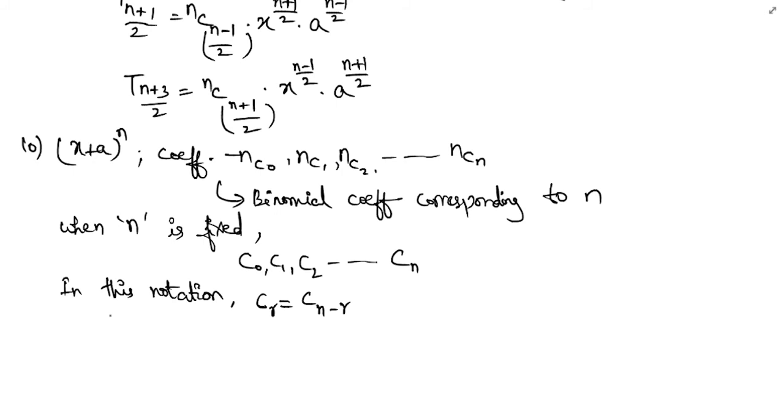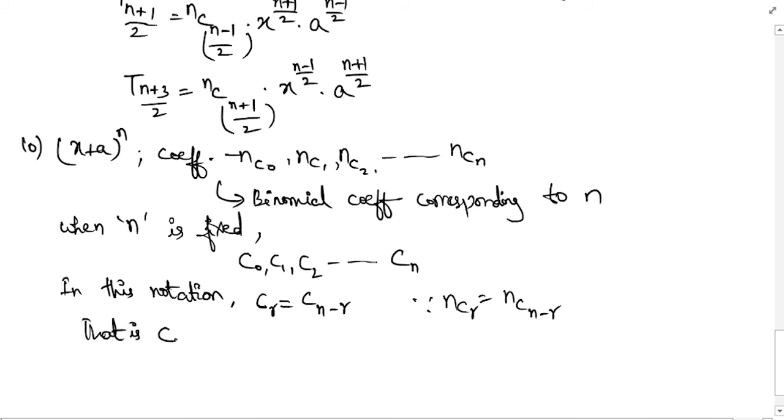So in this notation, Cr will be equal to Cn minus r, since we have nCr is equal to nC(n-r). Okay, so that is like C0 should be equal to Cn, C1 is equal to C(n-1), C2 is equal to C(n-2), etc.